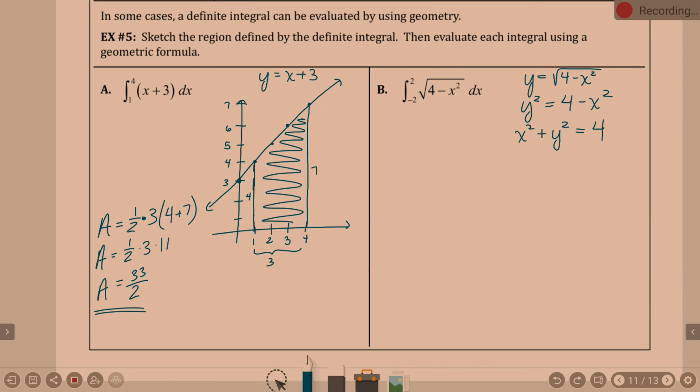A circle. This is a circle with radius 2, because you take the square root. This is of the form x squared plus y squared equals r squared.